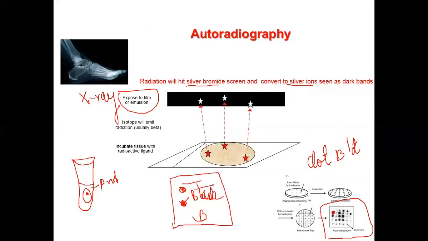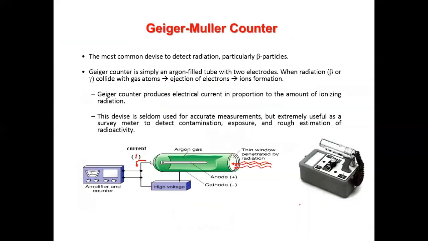This is the most commonly used method for detecting the hybridization of the probes onto your DNA molecules. Next, the Geiger-Muller counter. You must have seen this in Kalpakkam or any atomic stations. People used to carry some machines with them to detect the presence of radioactivity.